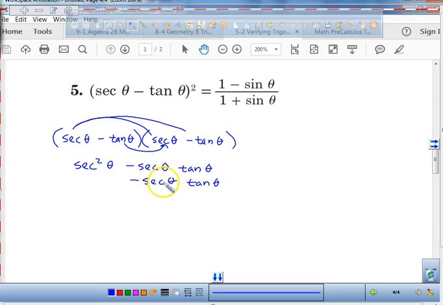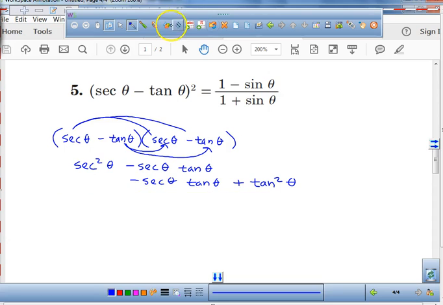Notice I'm writing theta in there. Negative secant of theta. And then the negative tangent times negative tangent of theta gives me a positive tangent squared of theta. So what does that bring me to right here? What does all of that combine together to equal? I've got a secant squared of theta.